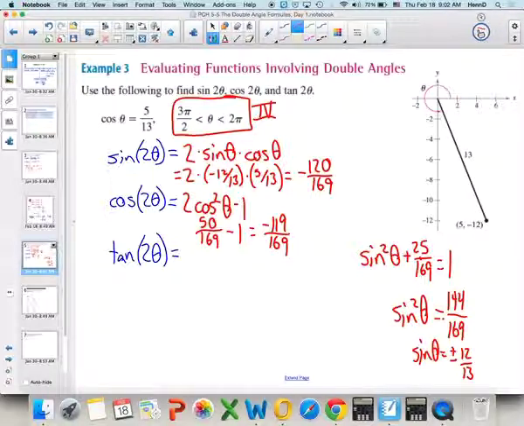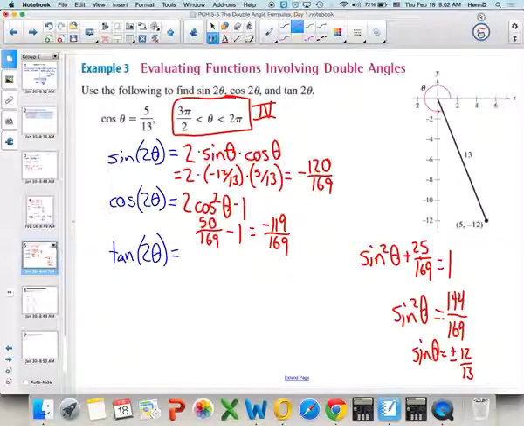It's at 225. So my angle must be, or at least my double angle must be pretty close to 225. Okay? Well, at least a coterminal of 225, because if I double a fourth quadrant angle, I'm going to be more than a full circle. But yeah, we're going to be near that 225 mark.